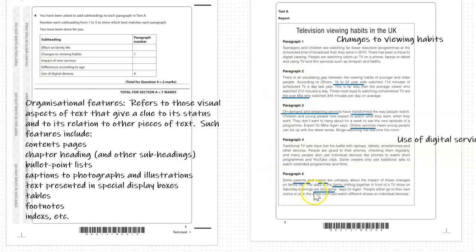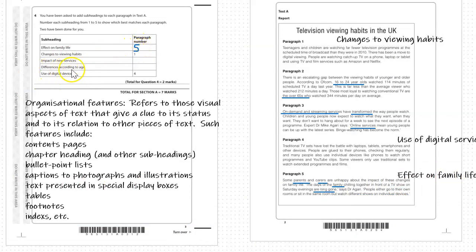Again, we'll go right to the bottom there. Paragraph 5, we've got parents, we've got carers, family, and the effect. So obviously have a quick look through the others, but I know that this is number 5. So effect on family life, paragraph number 5. I'll put the heading there and I'll fill in number 5 there.